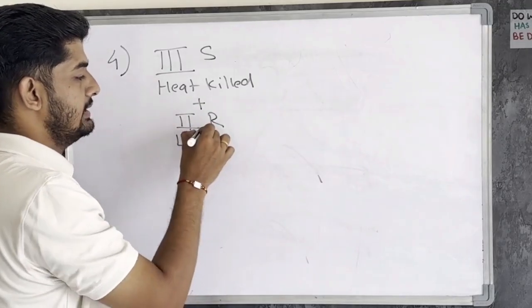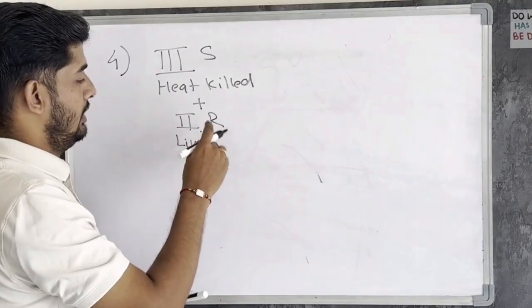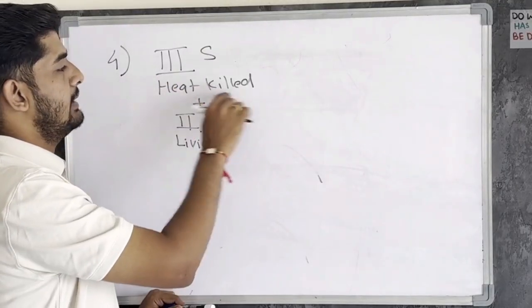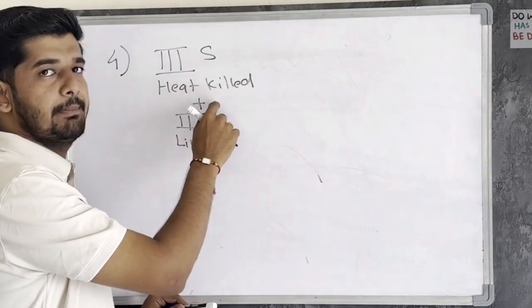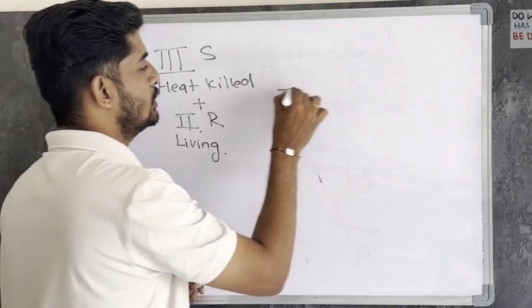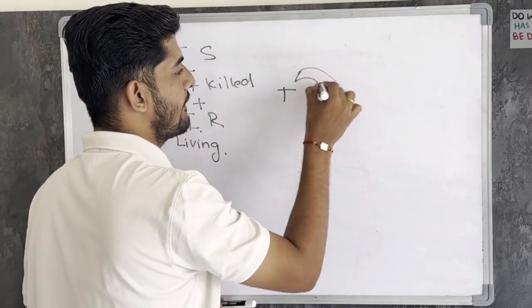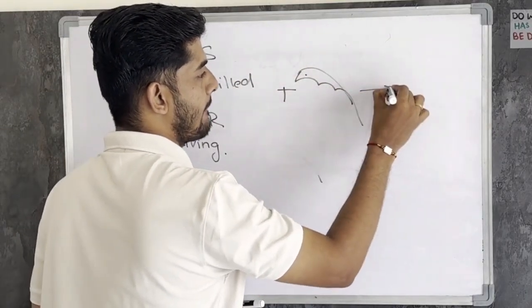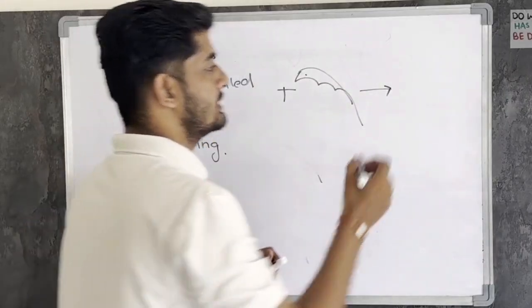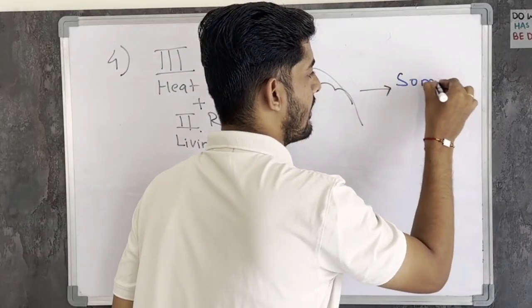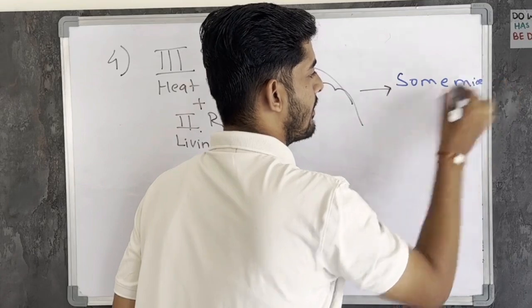Now these 2R bacteria do not cause any disease, and this heat killed bacteria also has lost its capacity to cause disease. So when these both were injected in the mice, some mice died.